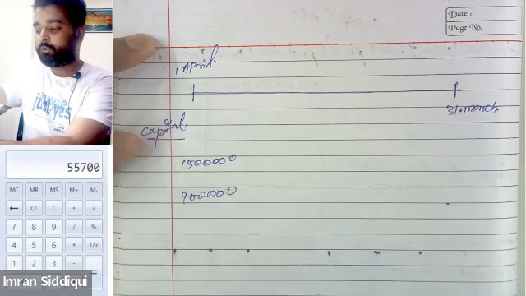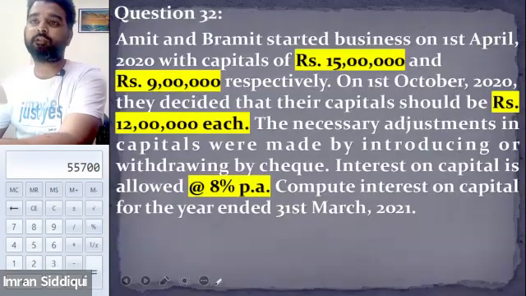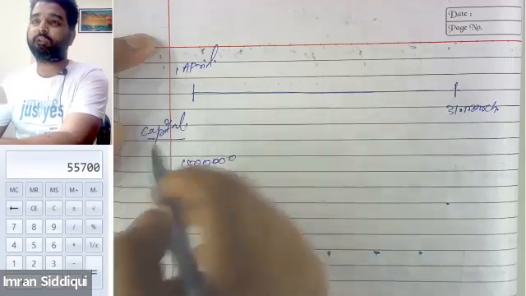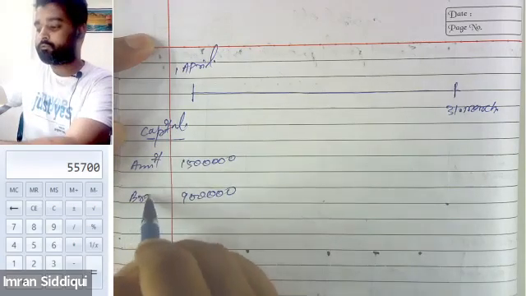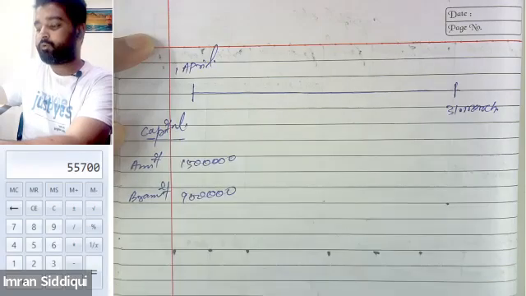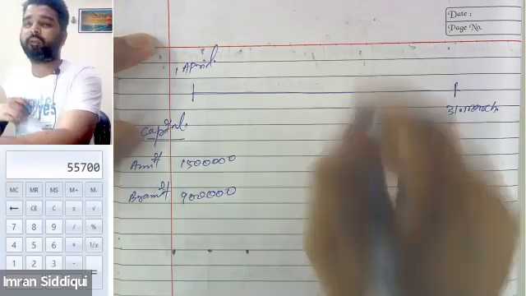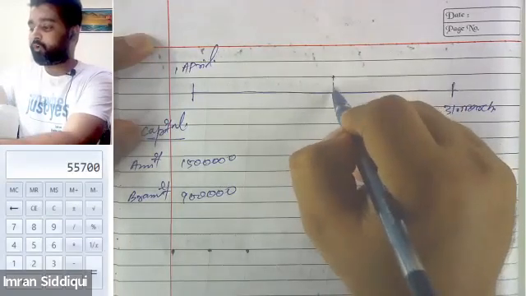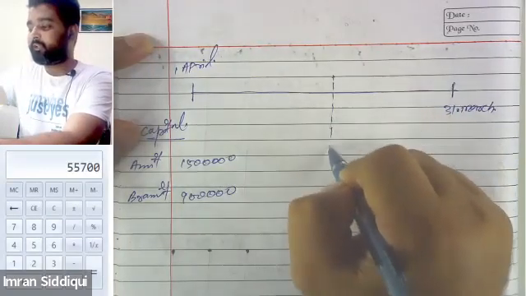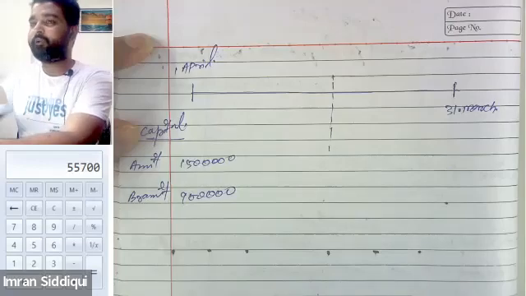This was their capital balance at the beginning. For Amit, it was 15 lakh. For Ramit, it was 9. Am I clear, everyone?